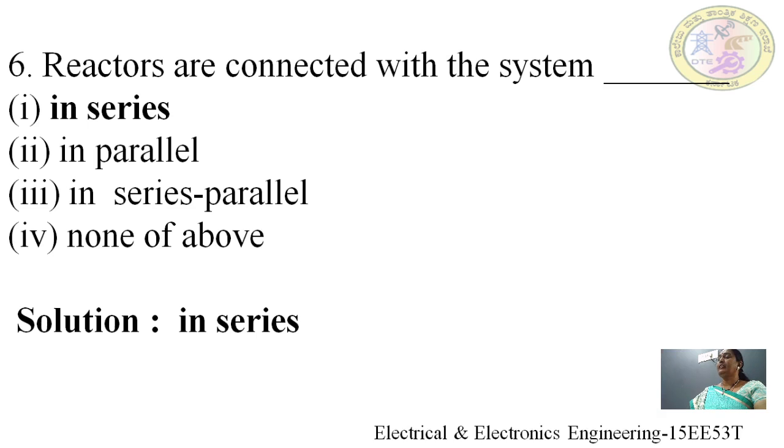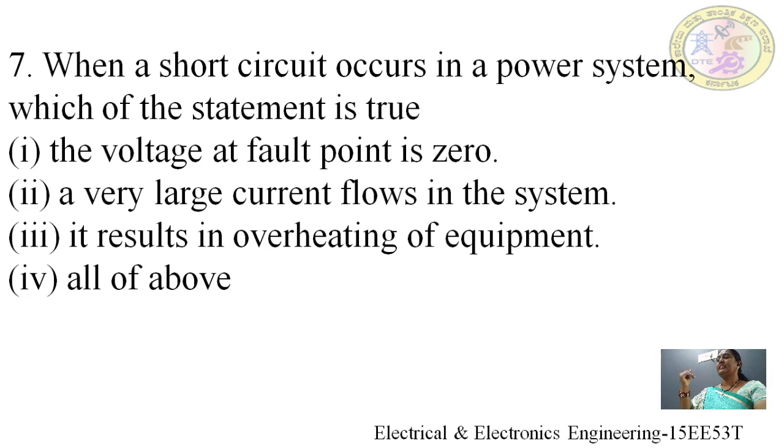Because of that, we can also reduce the rating of the circuit breaker, because there is a reactor in the system. Next, when a short circuit occurs in the power system, which statement is true?